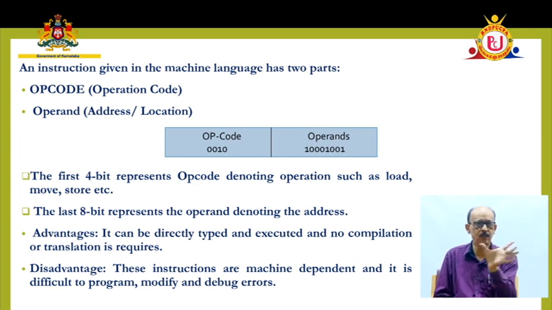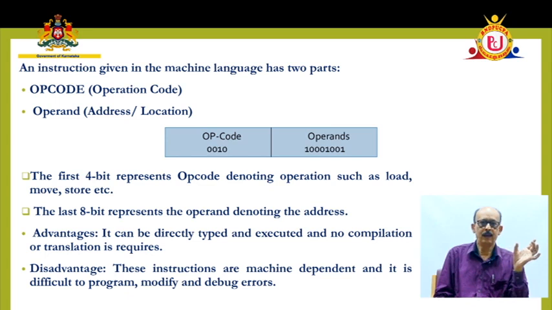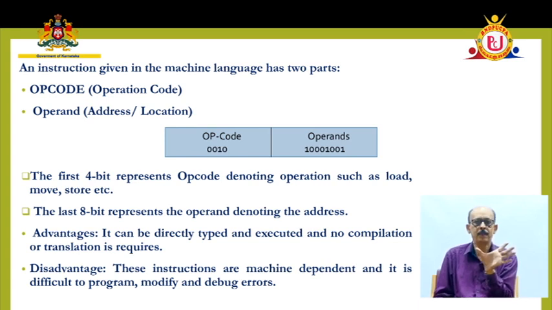An instruction contains only zeros and ones, out of which we need to separate them, and we need to tell the computer what is there in that particular set of zeros and ones. We need to tell the computer or the processor that the first 4 bits are for the opcode, and the remaining bits will be for operands, maybe 8 bits, maybe 16 bits, depends. This is how we have to frame the instruction.